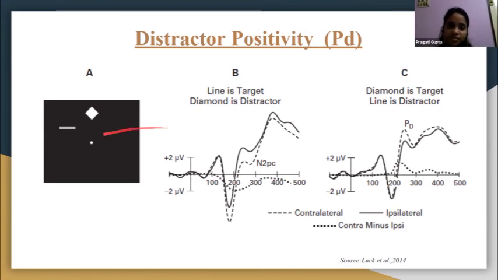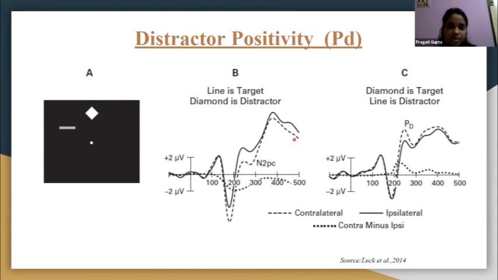For example, if there's a bunch of white squares and I present a red square, in spite of not telling, our brain will catch that red square. So they designed the task to see the role of those singletons, those distracting stimuli. While studying this N2pc, they observed this distractor positivity, similar to the N2pc but with positive polarity.